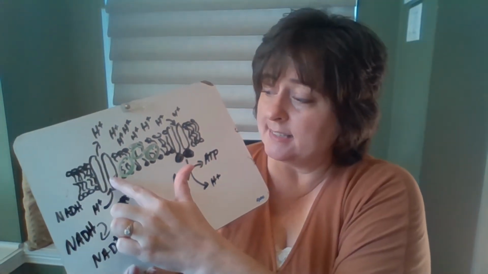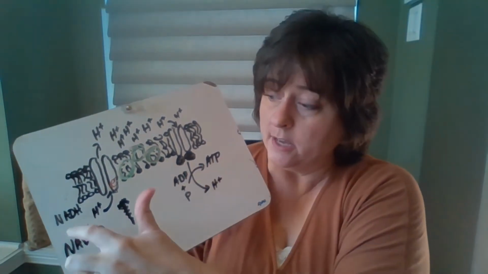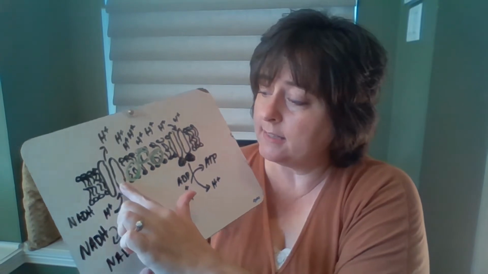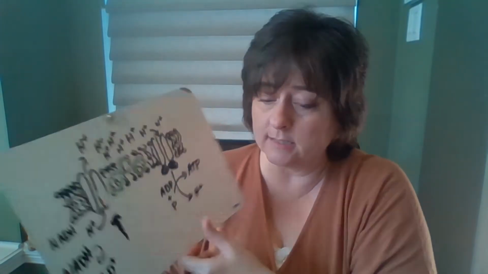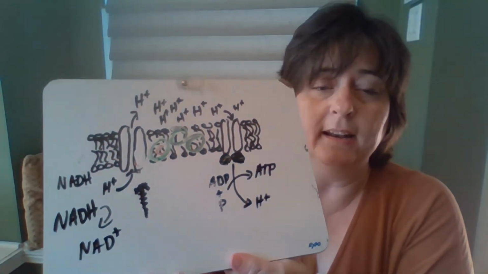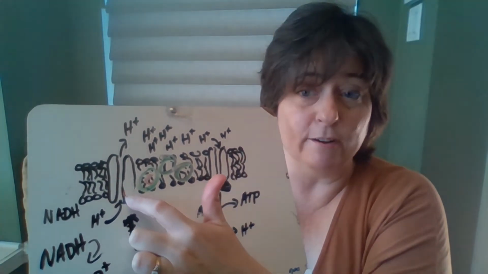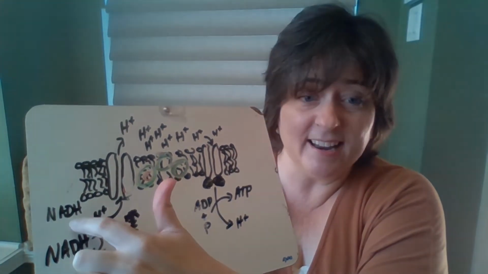So this guy needs to move him out of the way so that he can accept the next one coming in. So let's take this electron and pass it to the next guy. So the next protein will accept that electron. And now we've passed it from here to here, and this guy is now free to accept the next one.